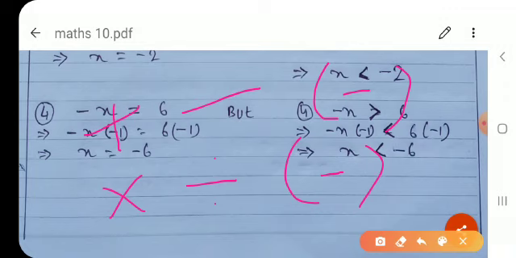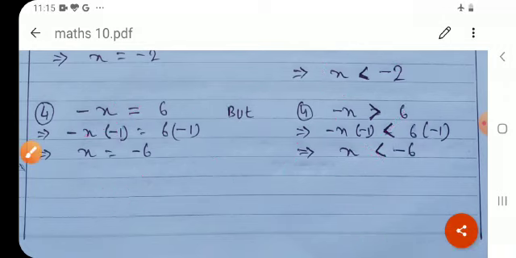Greater than becomes less than, less than becomes greater than. This is a very important part of inequation. The things which I have discussed, I have given in the form of a PDF. You can go through the PDF also, and the remaining things we'll discuss in our next class.